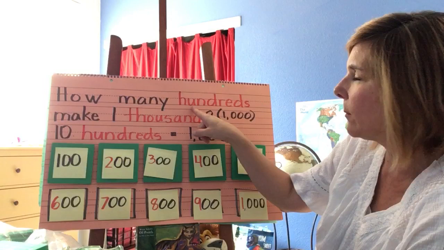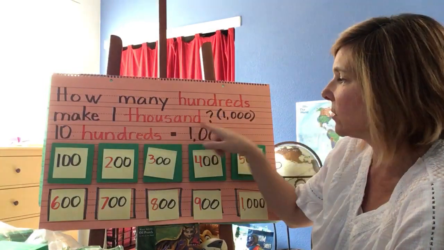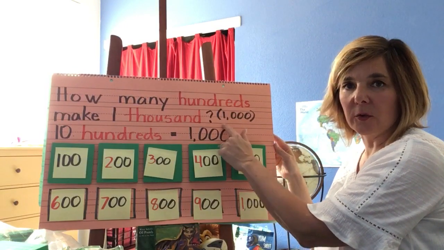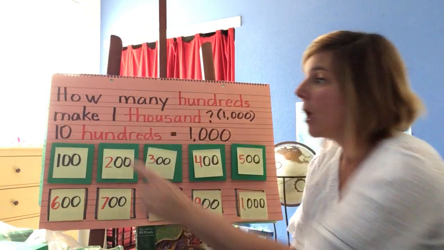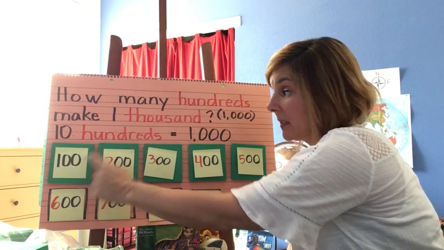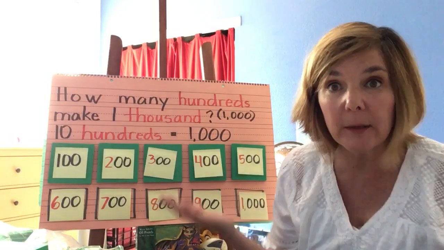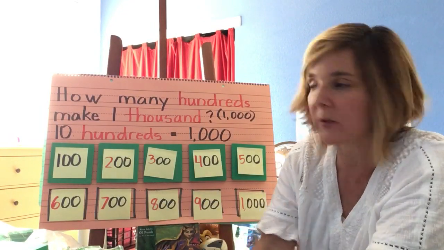There's your number word hundreds, and there's your number word thousands. And I wrote it over here again so you could recognize it. How many hundreds make 1,000? Well, it takes 10 of these 100 flats to get to 1,000, and I've labeled them. Now let's just make sure there's 10, and then we'll count by hundreds.